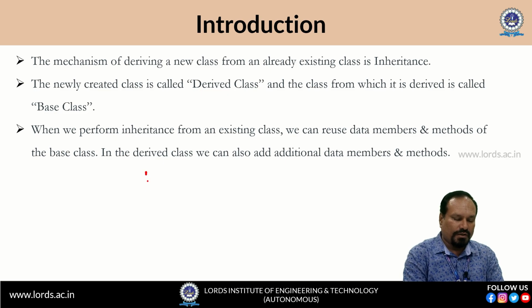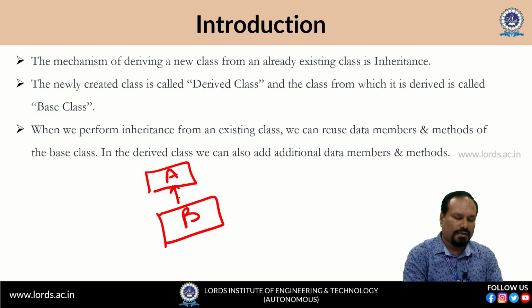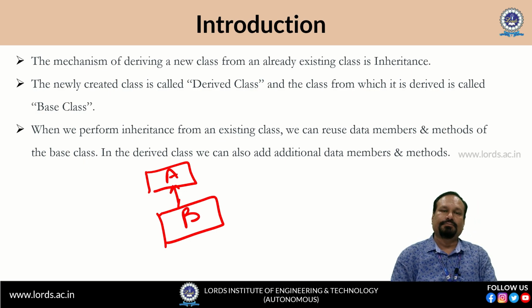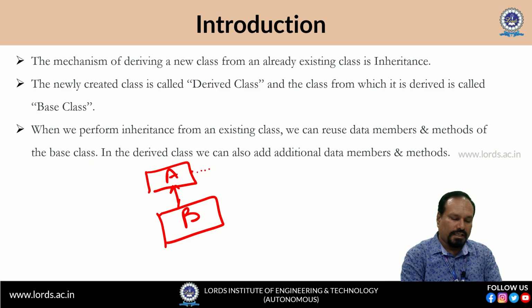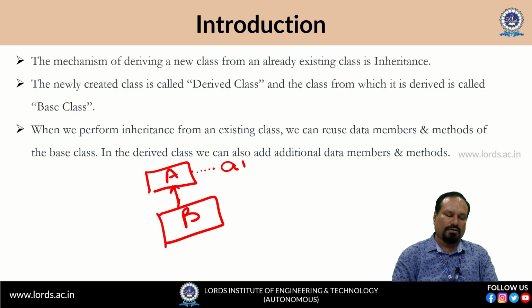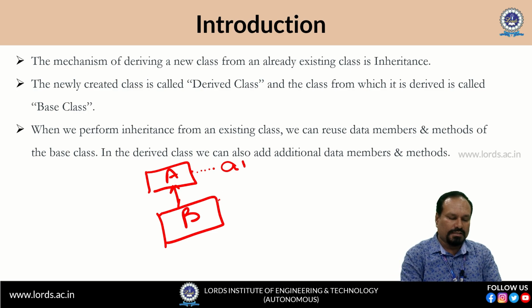Example: if I have a class A and a class B, and from A, class B is created. Suppose class A has an instance variable A1, and B has B1.